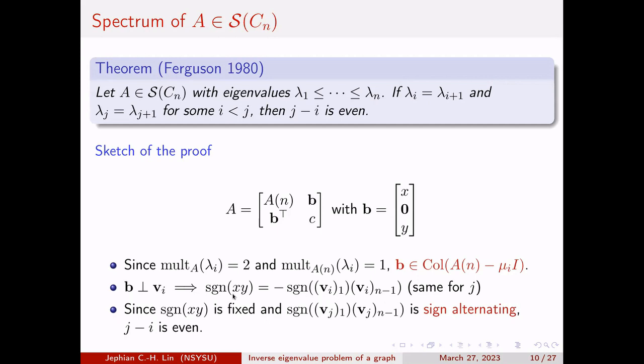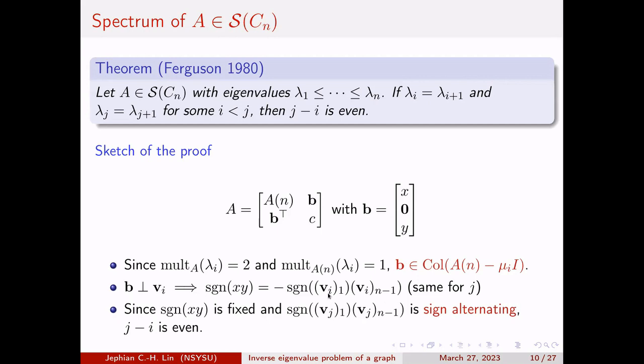But somehow the sign of X and Y is a fixed term. You know what the sign is. It is determined when we associate this matrix A. So this cannot be any sign. It's either fixed to be positive or fixed to be negative.